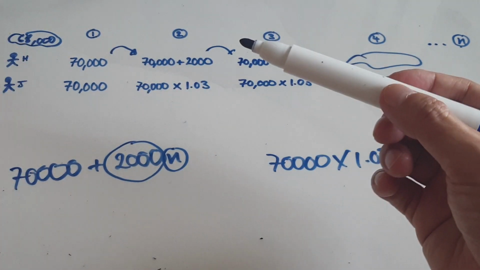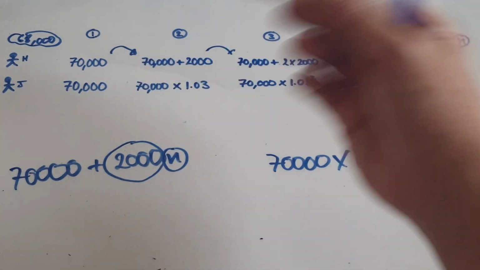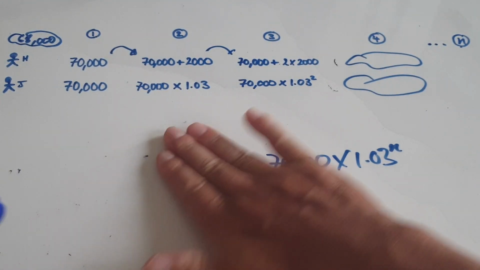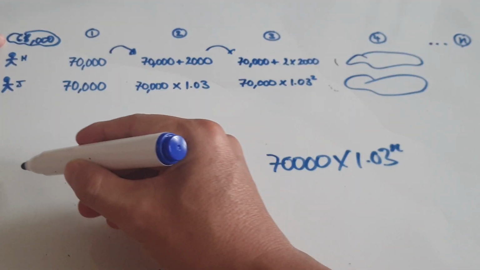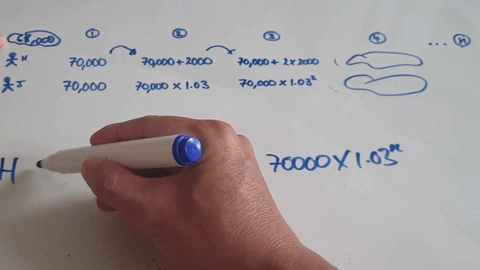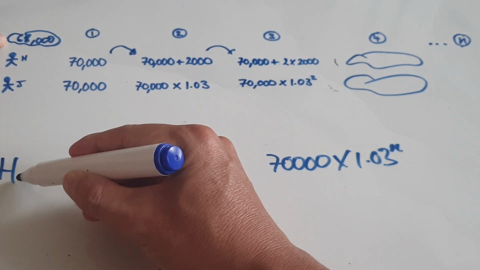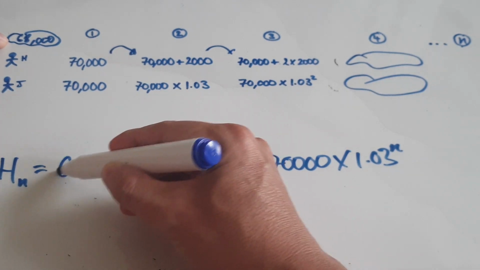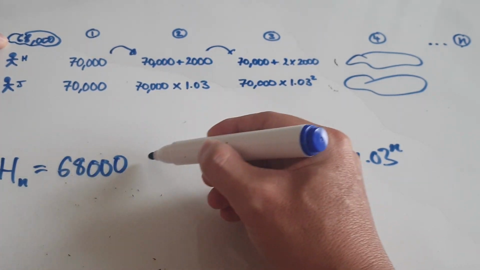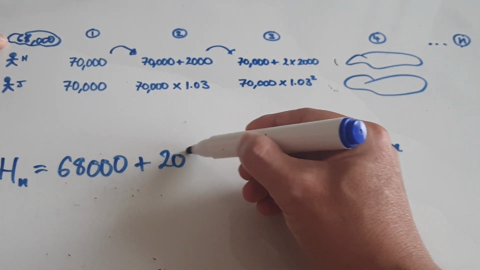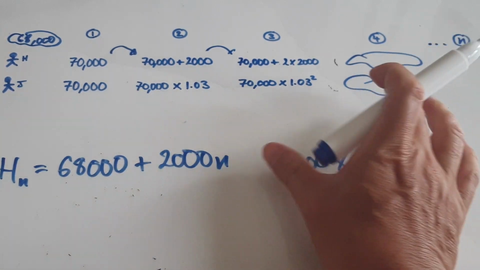So the formula to work out how much Helen would get for any given year n would be 68000 plus 2000n.